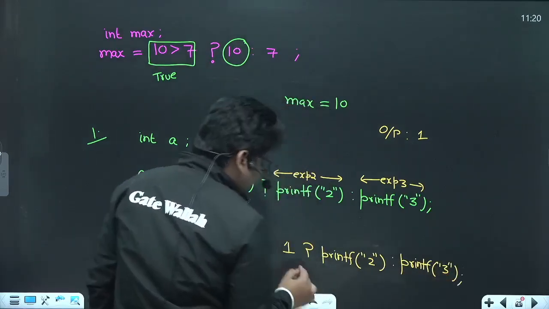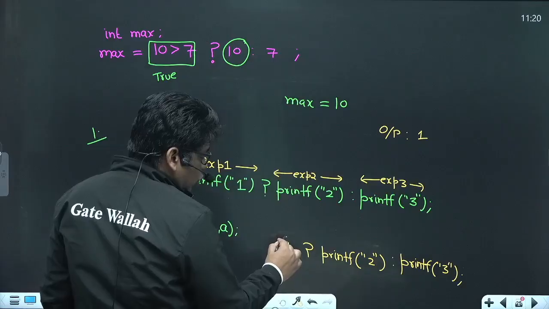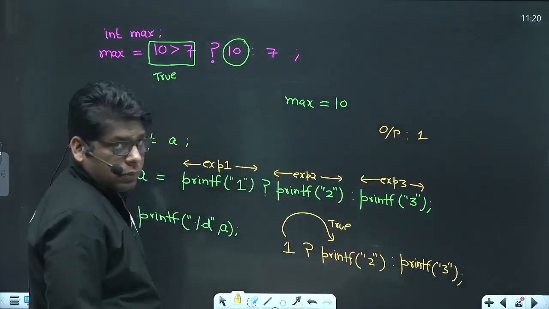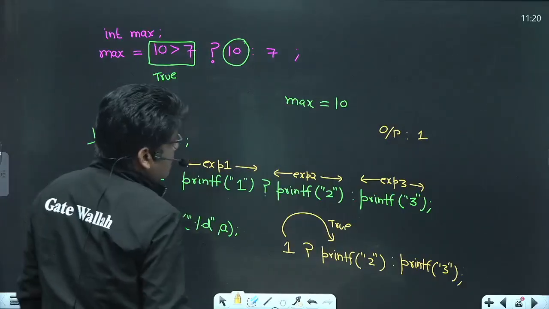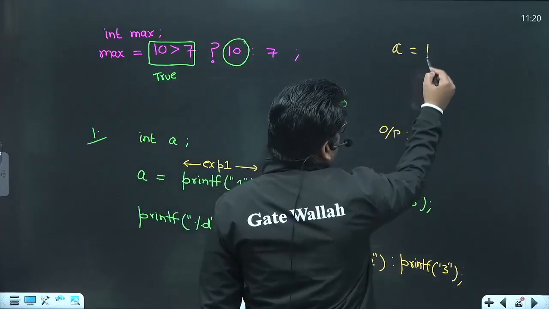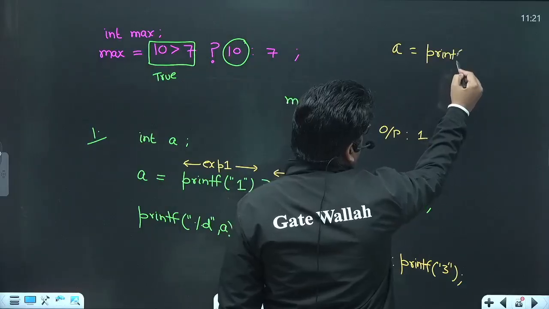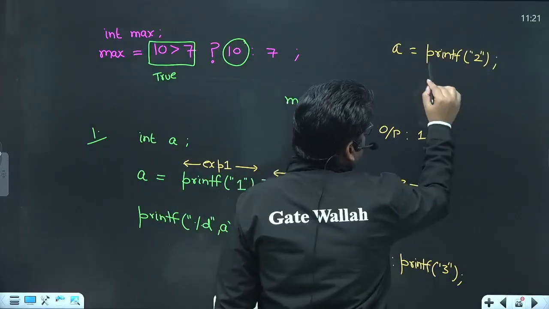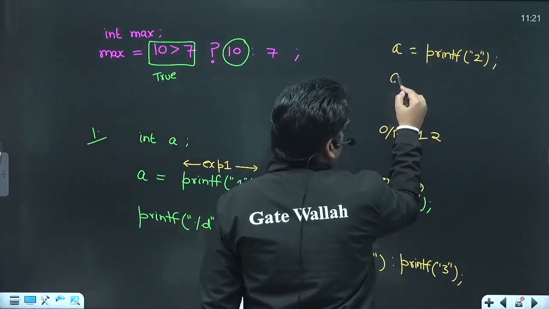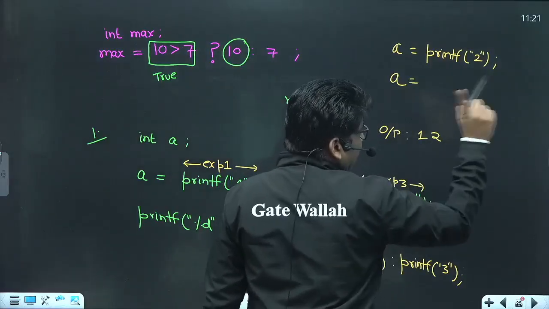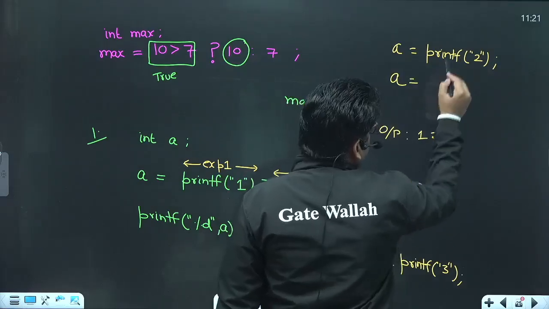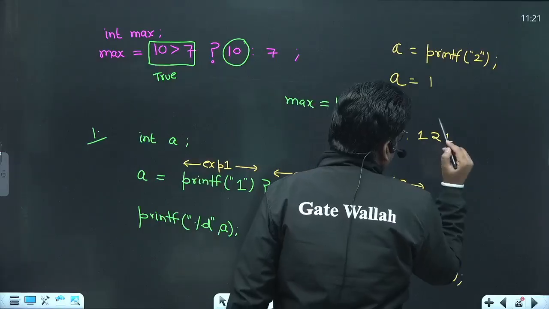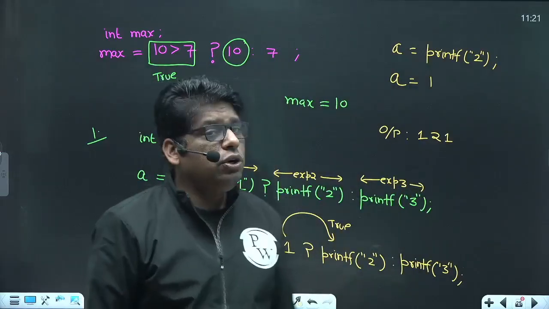Now tell me whether this is true or false. Because this is true, the value of this entire expression becomes printf 2. That means A becomes printf 2. What is the result? This will print 2. And because this printf printed only one character, the value of this printf is 1. That is why the value that goes inside A is 1. And again you are printing A. That is why the result is 1 2 1.